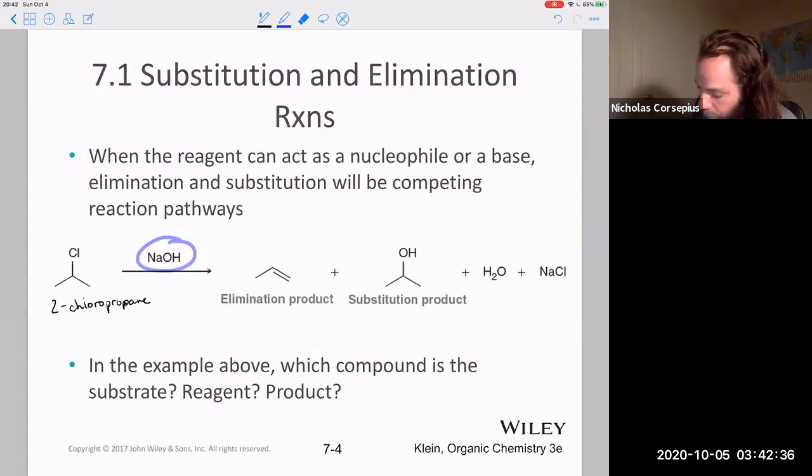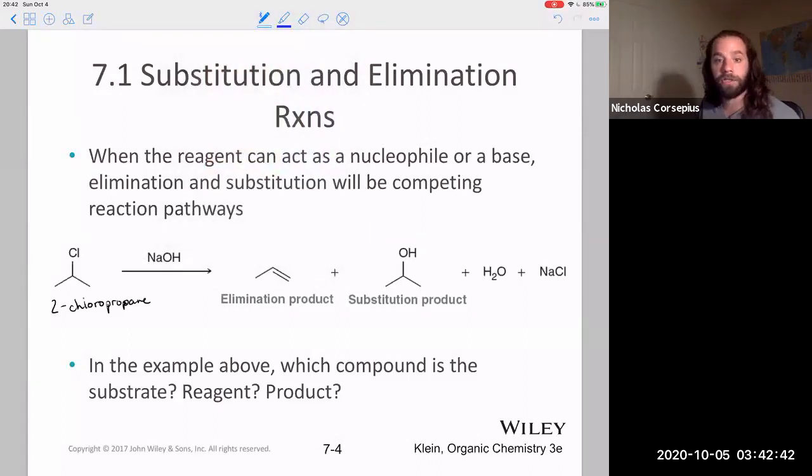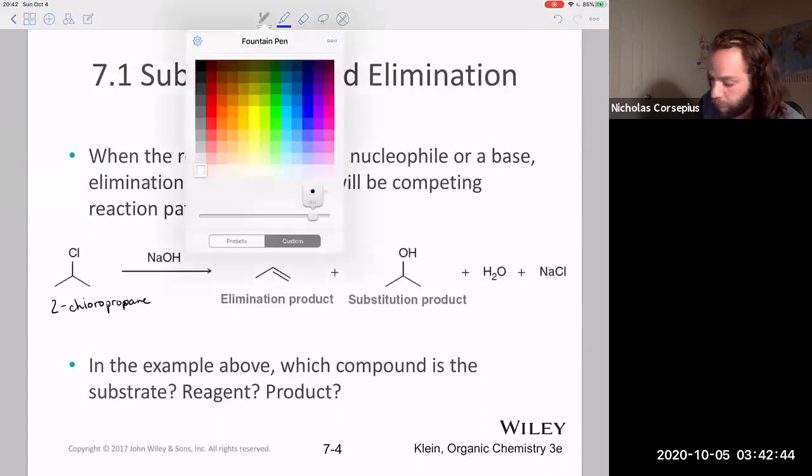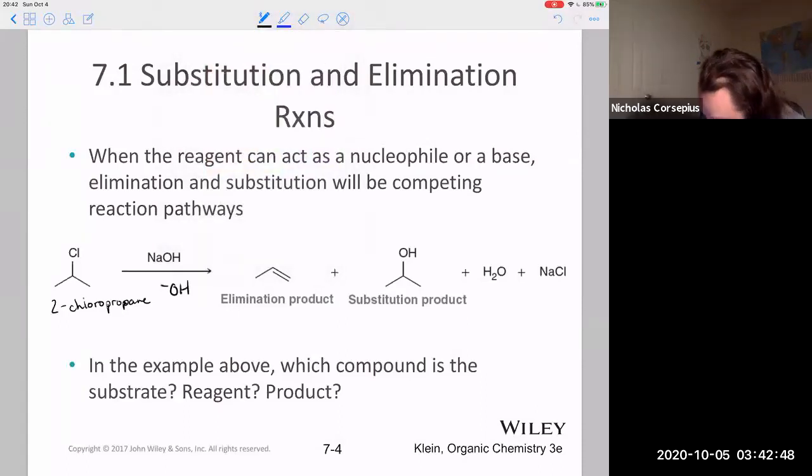The other thing I want to point out real quick is that you'll see these nucleophiles written like this, NaOH. But of course, the important player is actually the hydroxide ion. That's what's the nucleophile. Remember that sodium, as well as potassium, any of those first column elements, are very readily willing to give up their electrons.